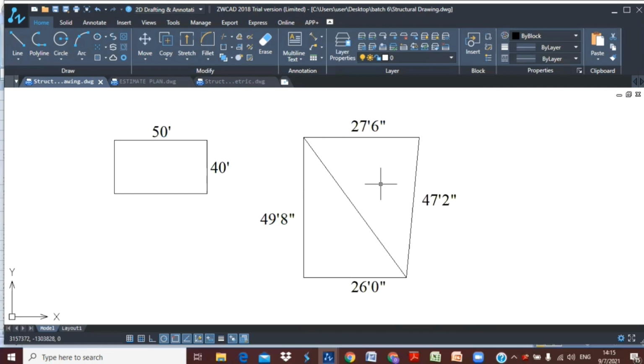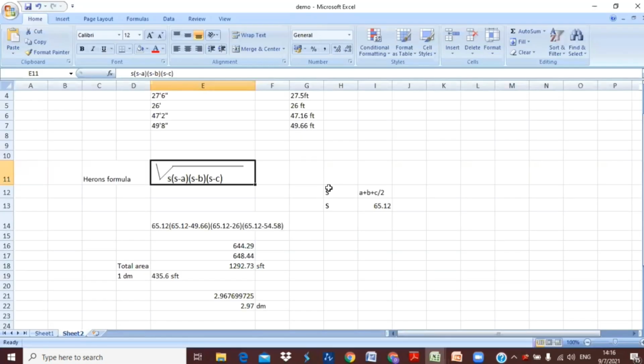Like this you can find; I am just showing you the way how you can find it. Here you can see this is our S, and for finding the S we just add A plus B plus C divided by 2.